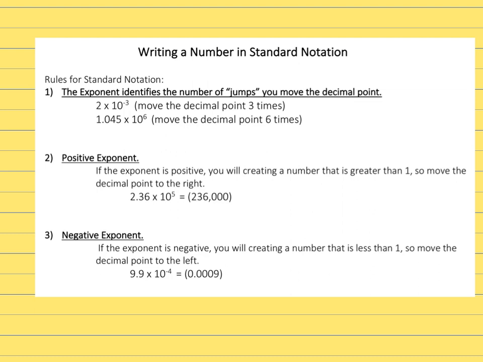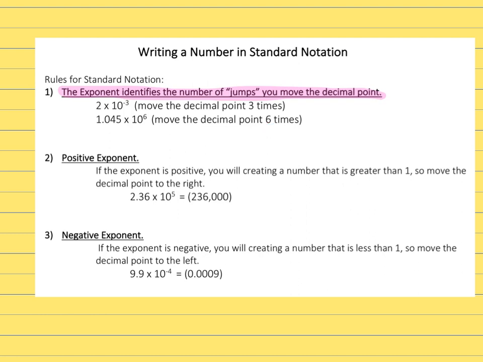The exponent tells you how many times to move the decimal. So if this exponent is negative 3, it means the decimal point's going to move 3 times. If the exponent is 6, you're going to move the decimal point 6 times.